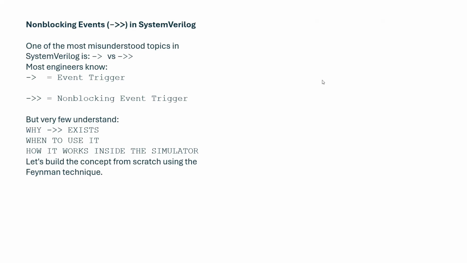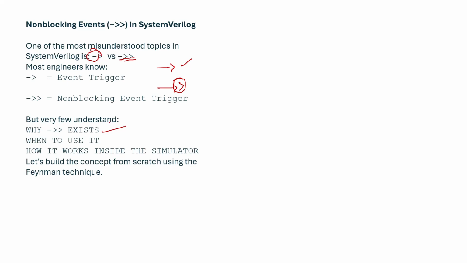Non-blocking event: what is the difference here? This is the blocking event. This is the non-blocking. So the single implication operator is blocking, and the double arrow is the non-blocking event.